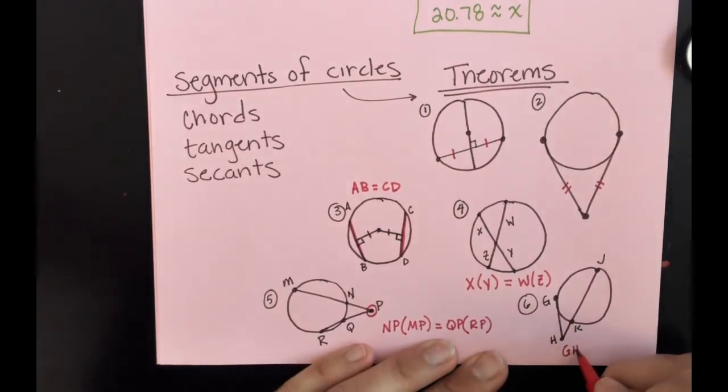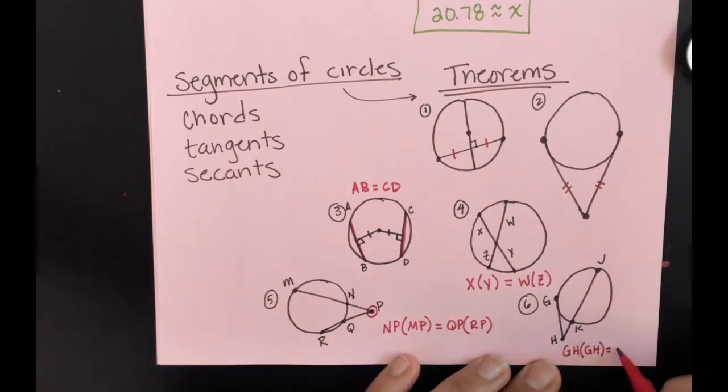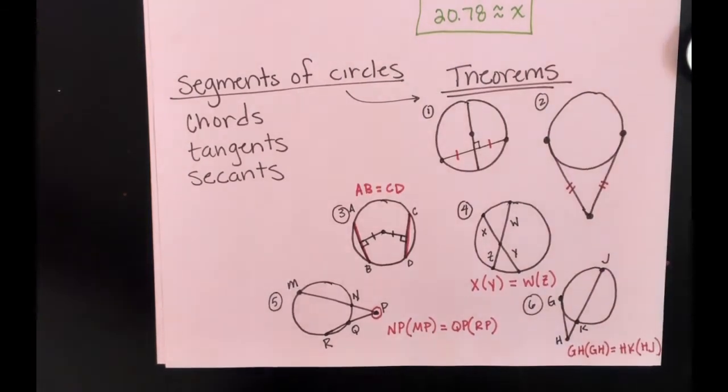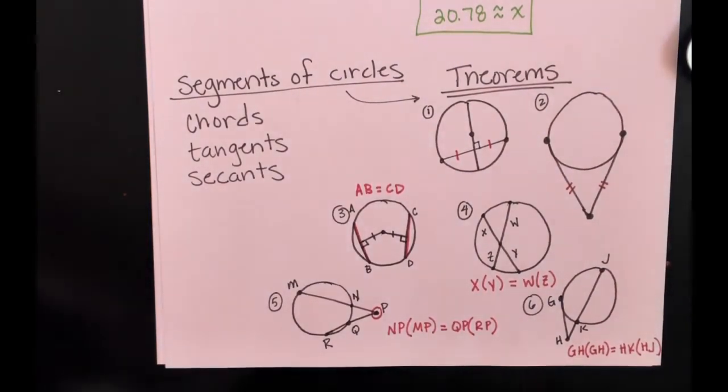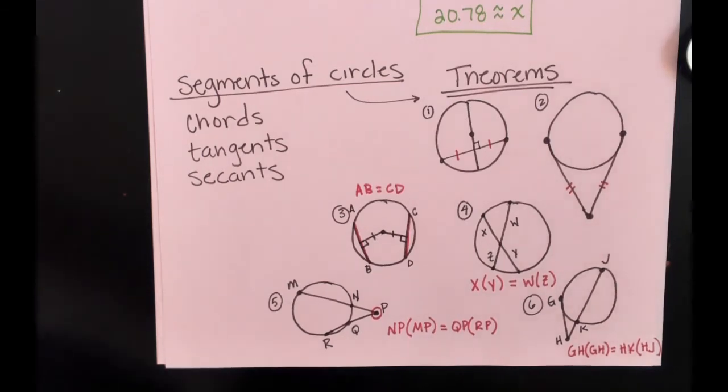So GH times GH, or GH squared, equals outside HK times the full length HJ. So that is every combination of what we could take a look at with just the segments of our circles.